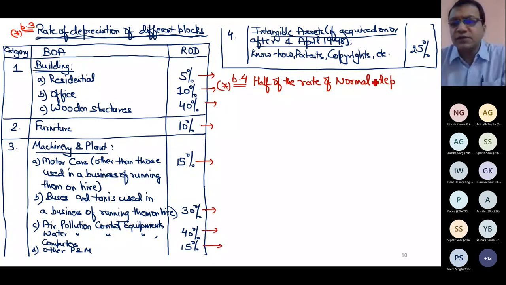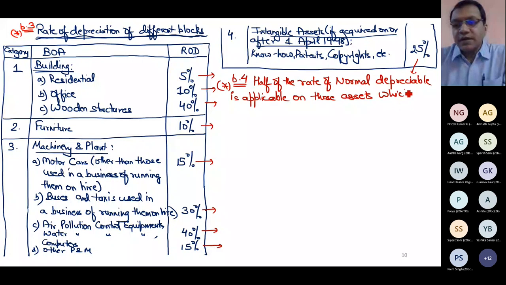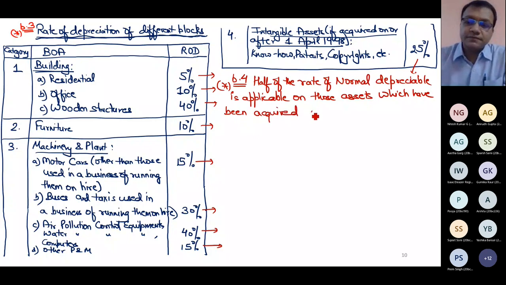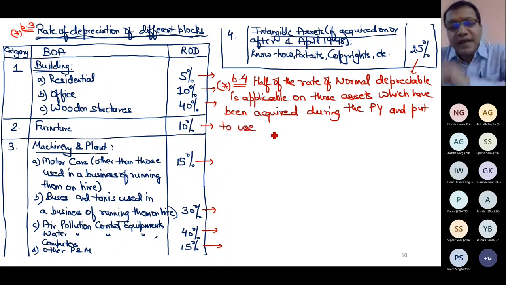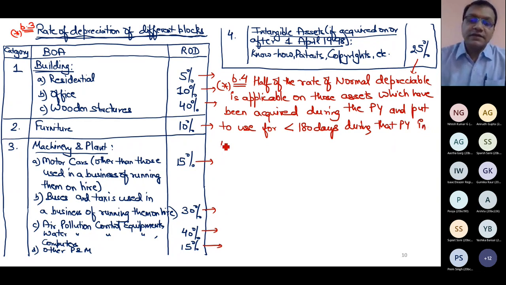Half of the rate of normal depreciation is applicable on those assets which have been acquired during the previous year and put to use, not only acquisition, and put to use for less than 180 days during that previous year in which these have been acquired.